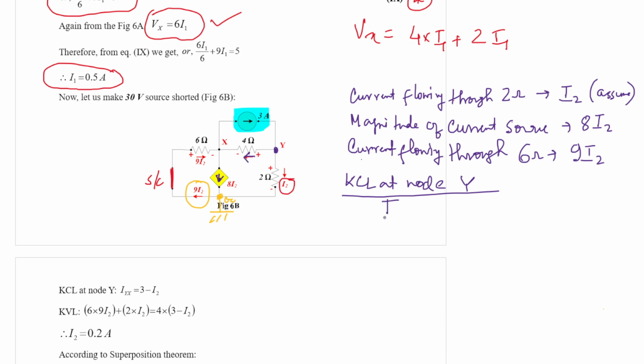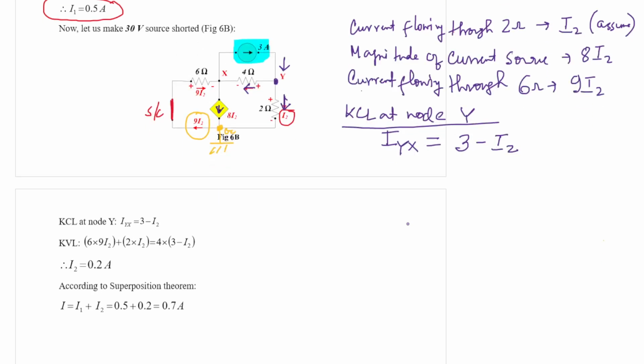It is nothing but 3 minus I2. Why? Because 3 ampere is entering here and I2 is leaving here. That is why this current is 3 minus I2.